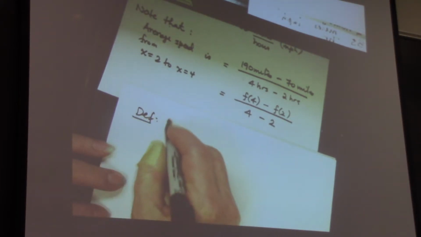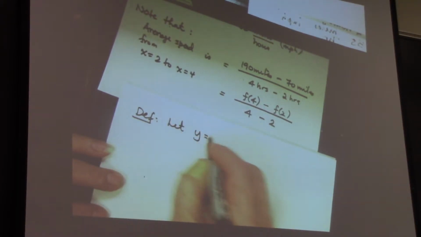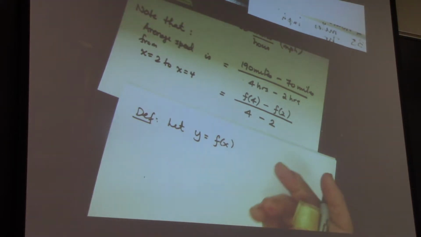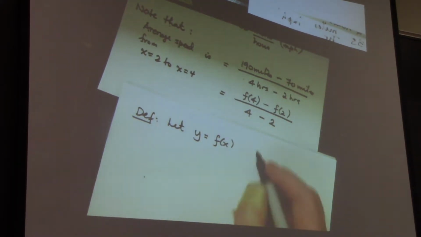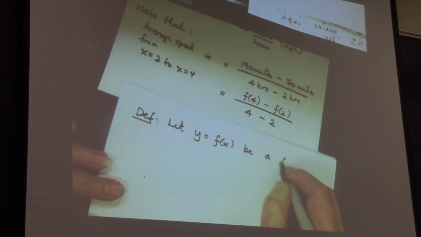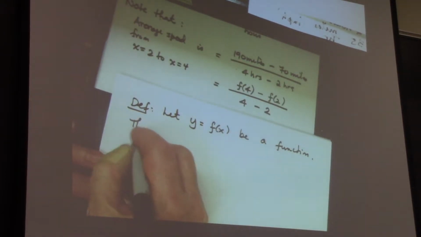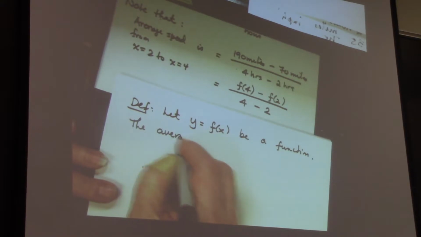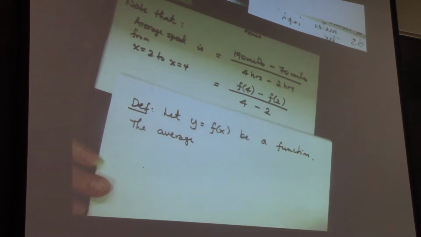Okay, so definition. So let's let y equal f of x be some function. Then we're going to define the average... Now, in our case, it was average speed, but it depends on what the function gives you.